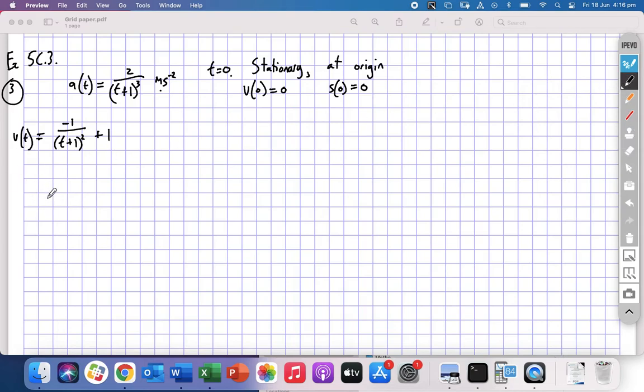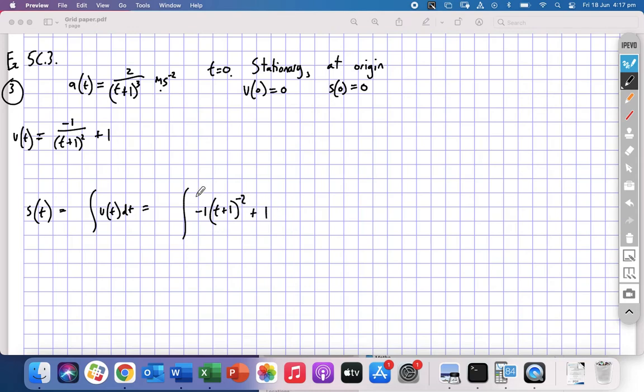So displacement, using the letter s, we can find that if we get the integral of the velocity function. I'm going to rewrite it, minus 1 (t plus 1) to the minus 2, using negative indices so that it's easier to find the antiderivative.